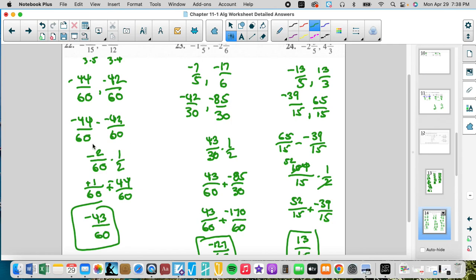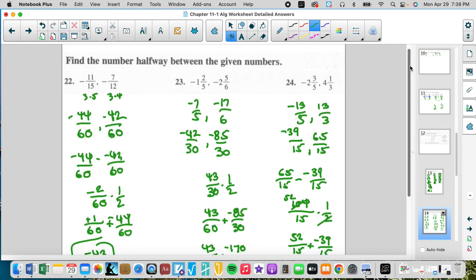Yeah, right? Did I do that wrong? So 3 times 5 is 15. 3 times 4, so 3 times 4 times 5 is 60. And this is missing the 4, so we get negative 44. This, 35. That's 35.